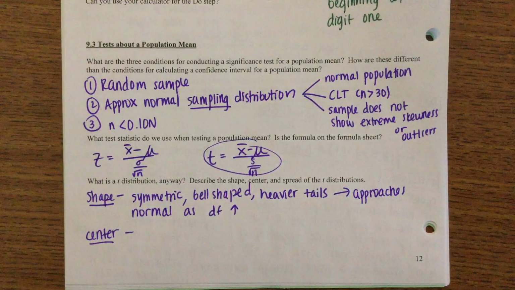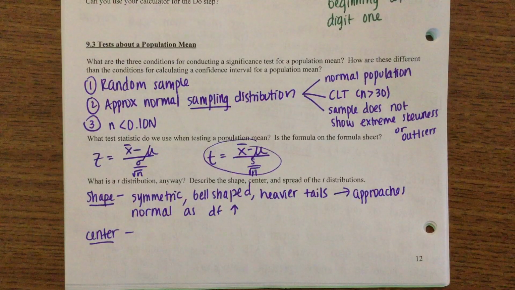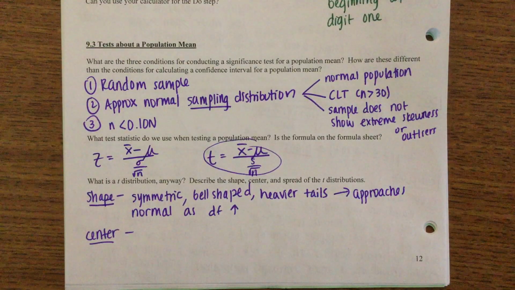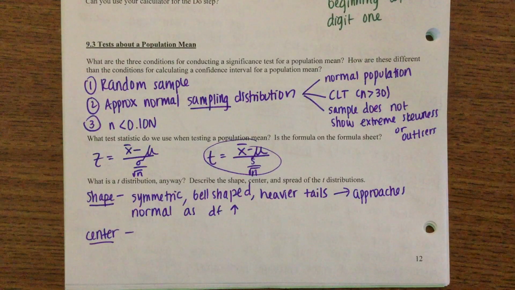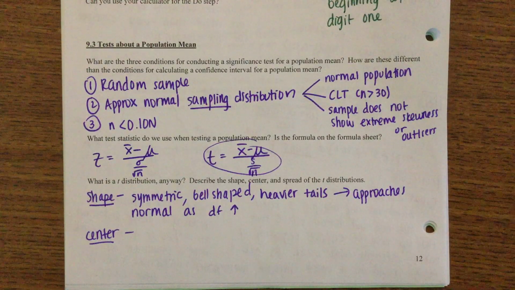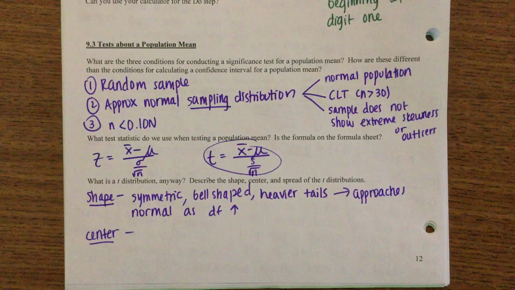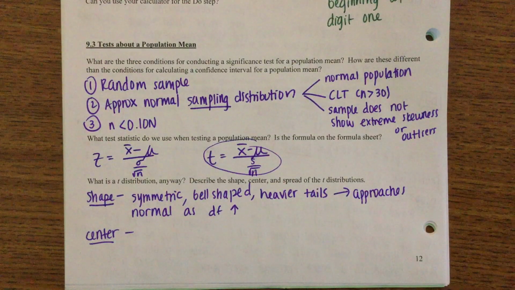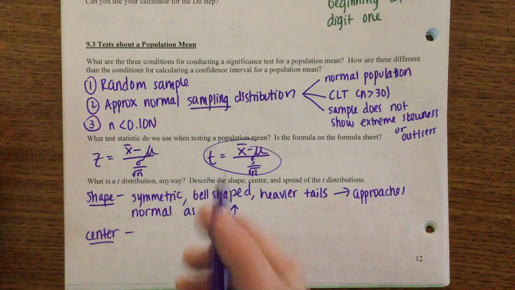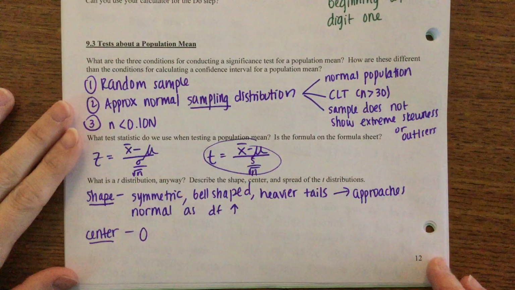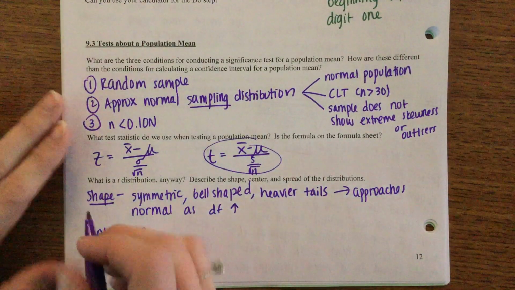So that tells us in a normal distribution, the standard deviation changes, the mean changes. When you found a probability using t on the calculator, you put in lower bound, upper bound, what else? Degrees of freedom. That's it. So that means every single t-distribution has the same center, since you don't need to tell the calculator what the center is. Center is 0. Every t-distribution is centered at 0.